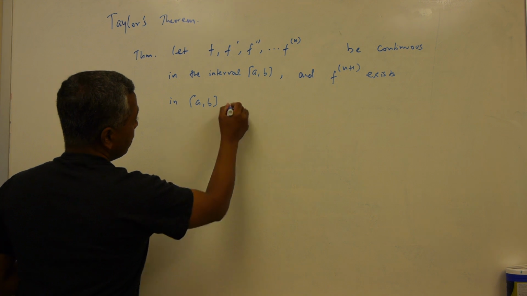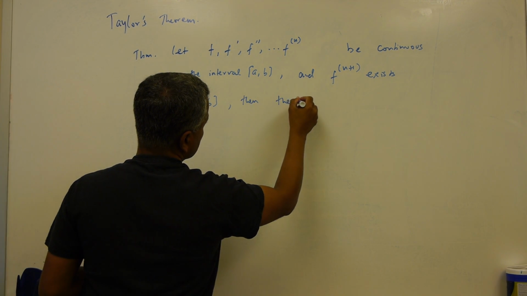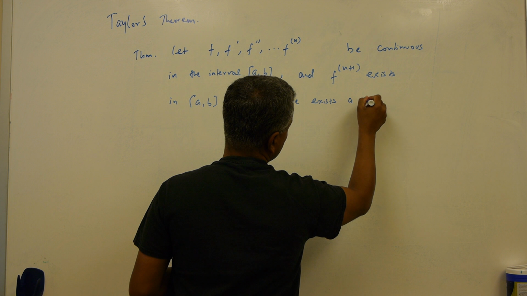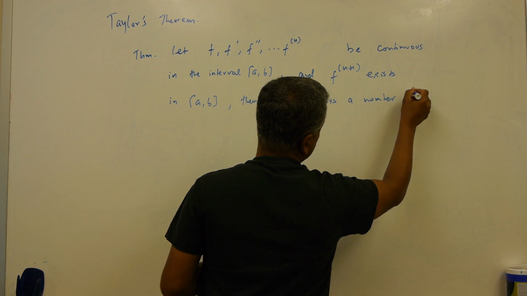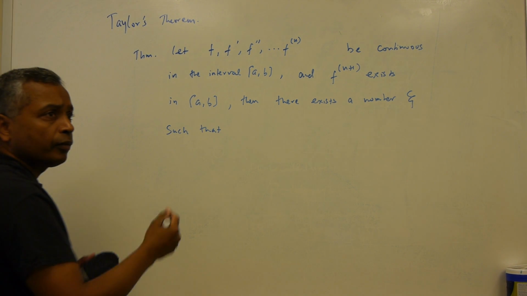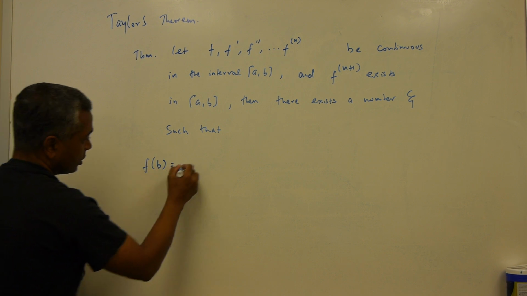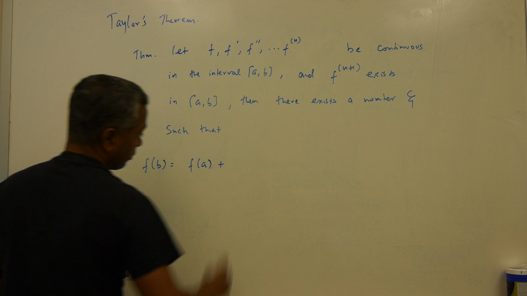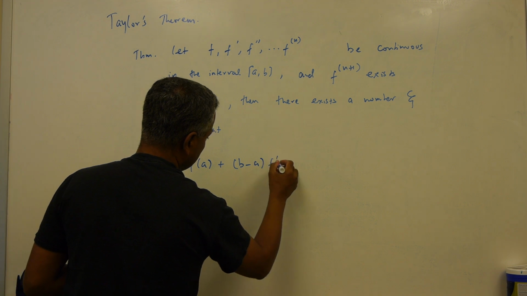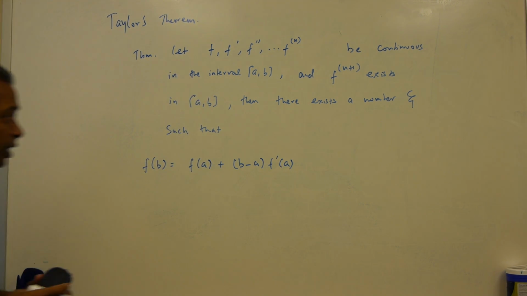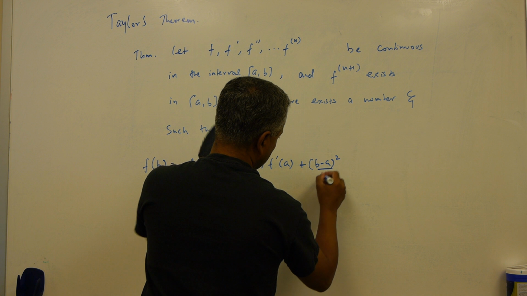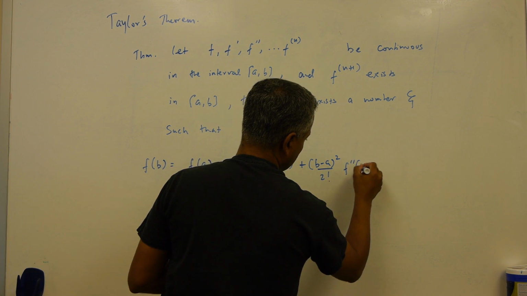Okay, then there exists a number eta such that f of b equals f of a plus b minus a times the first derivative of the function computed at a, plus b minus a whole square divided by 2 factorial, the second derivative computed at a.